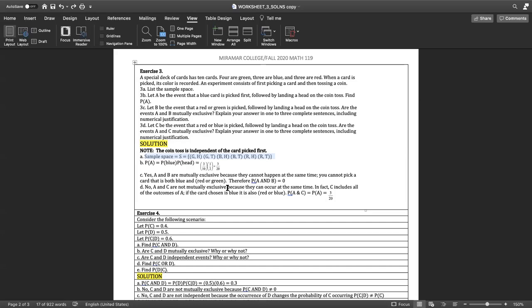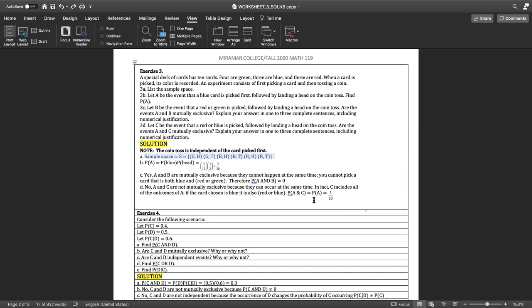C says pick a blue card. A says a blue or a red. A says pick a blue card. So you can see that those two events overlap, right? And blue is the intersection of their overlap, okay?